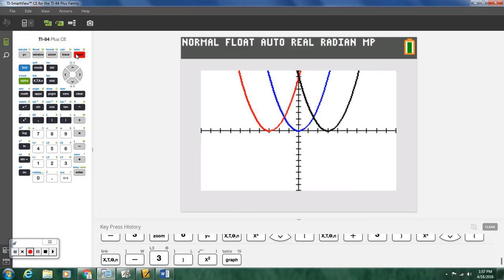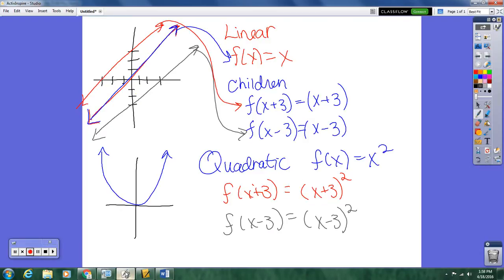Perfect, just sketch them out. So you got your three different graphs there.